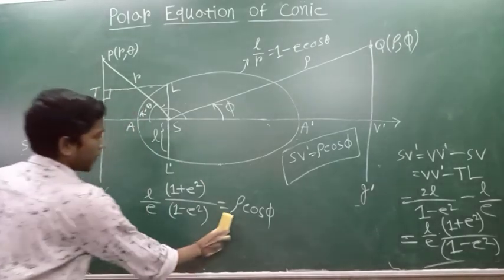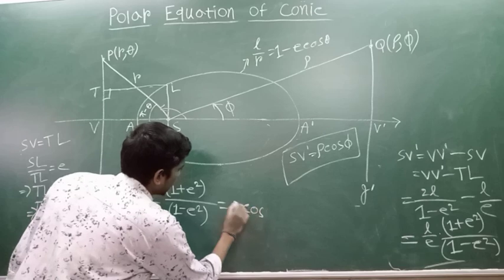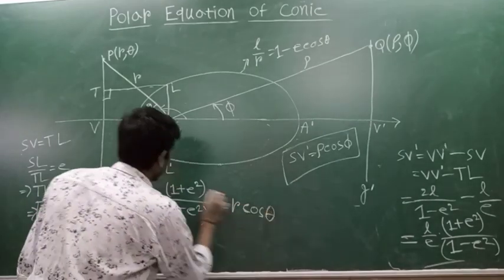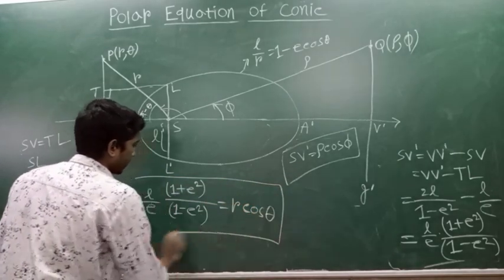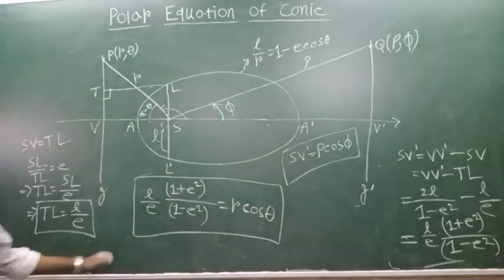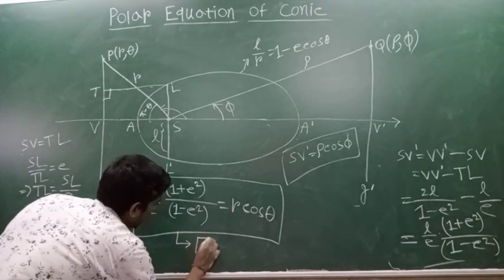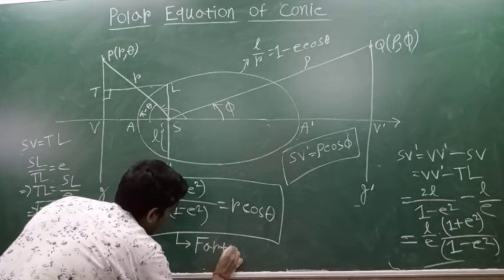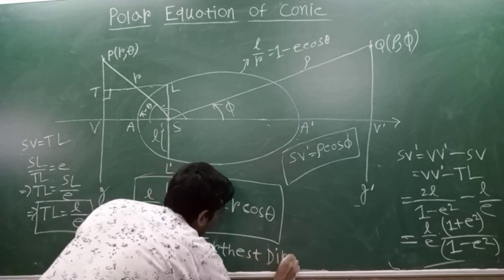Then we get L by E into 1 plus E square by 1 minus E square is equal to r cos theta, and this is the equation of the farthest directrix.